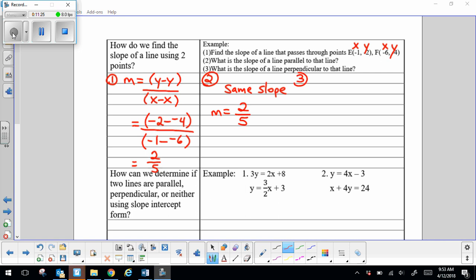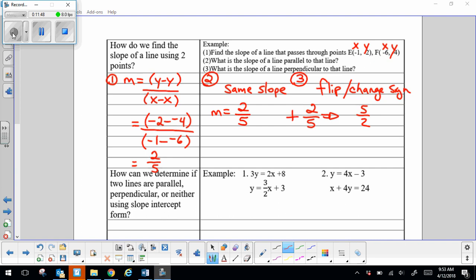Number 3 says, what is the slope of the line perpendicular to that line? So remember here, we need to flip it and change the sign, also known as the opposite reciprocal. So what I started with, which was 2/5, I have to flip him. All right, that's a little arrow just to show you what I'm about to do. I'm going to make it 5/2.